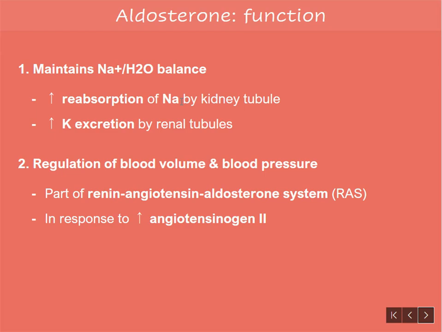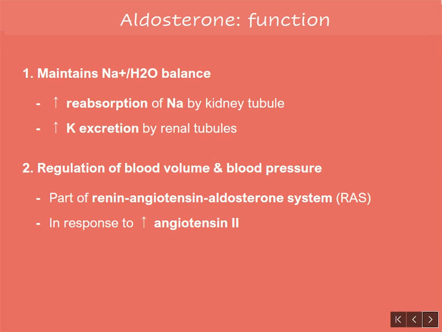Simultaneously, aldosterone also increases potassium excretion at the level of the renal tubules. So that's how the sodium-water balance, or electrolyte balance, is maintained. Increased aldosterone equals increased sodium in the blood, but at the same time it equals increased potassium excretion, so there's decreased potassium in the blood.